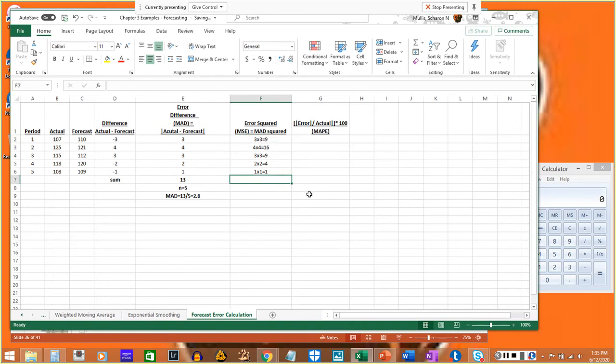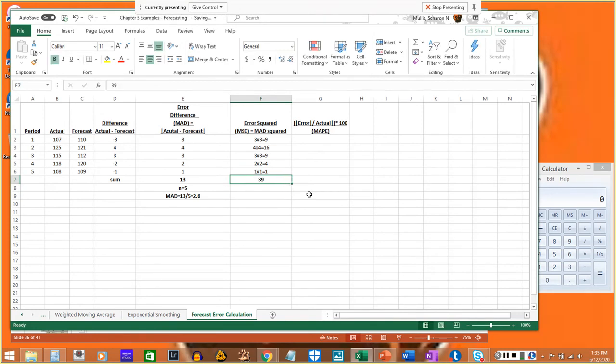After you multiply each one of the errors by themselves, you would add all of those numbers up. So 9 plus 16 is, excuse me, 25. 25 plus 9 is 34. 34 plus 4 is 38. 38 plus 1 equals 39. So that's the sum of those numbers.